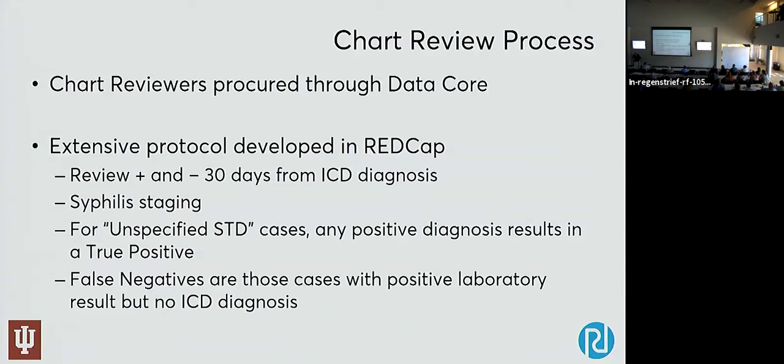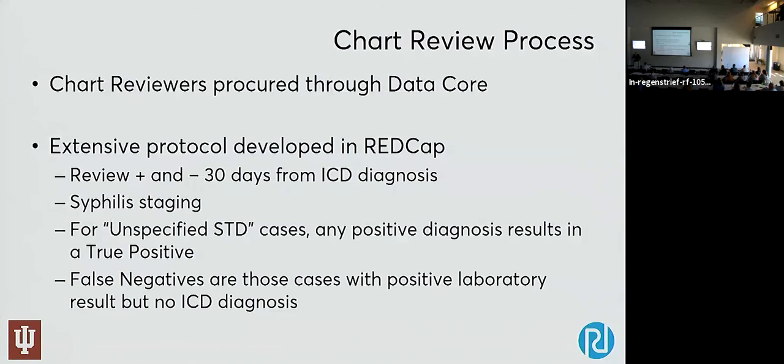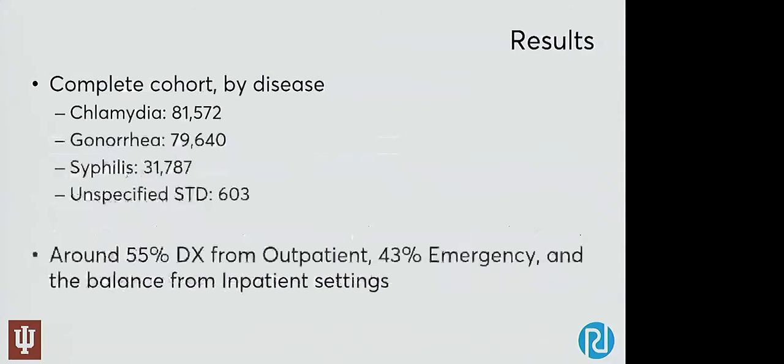And then for the unspecified STD cases, we had to look at any kind of positive diagnosis because it could potentially be positive for one of the three diseases of interest as a true positive. False negatives were those who had positive laboratory tests but never received an ICD code, because our frame of reference was, is the ICD code valid for them to use in something like MarketScan.